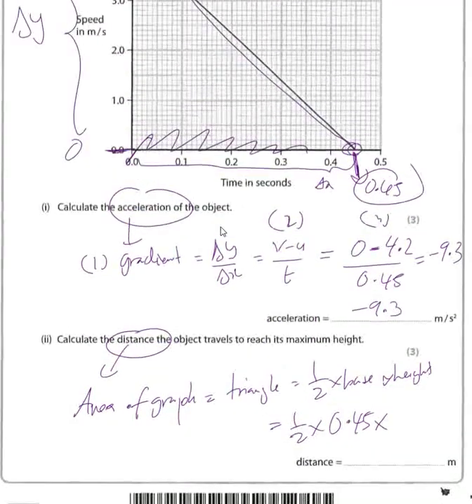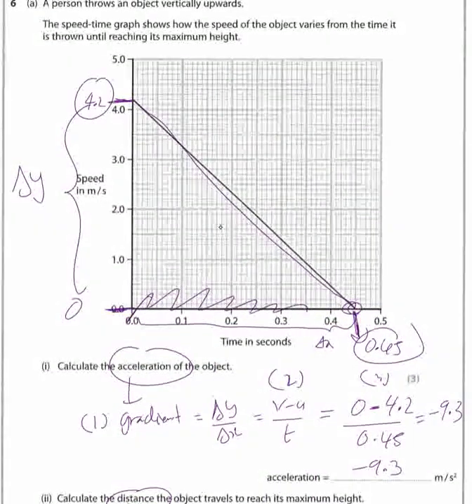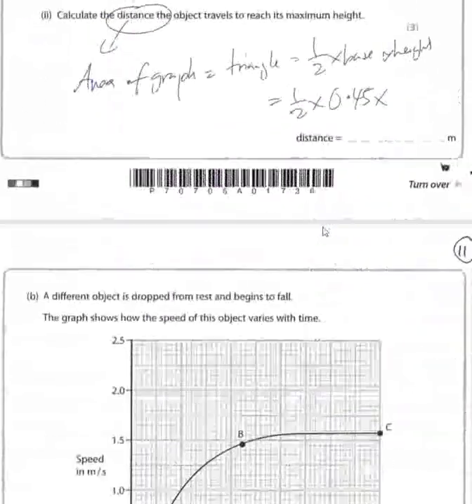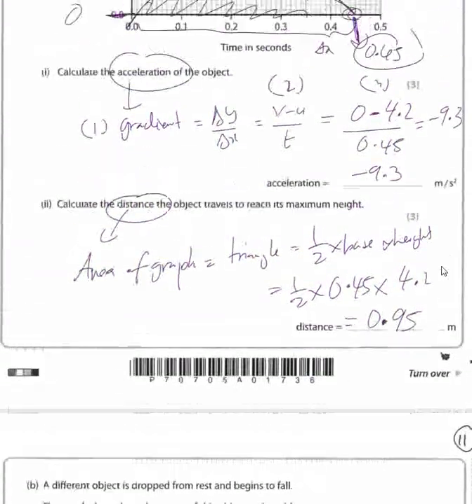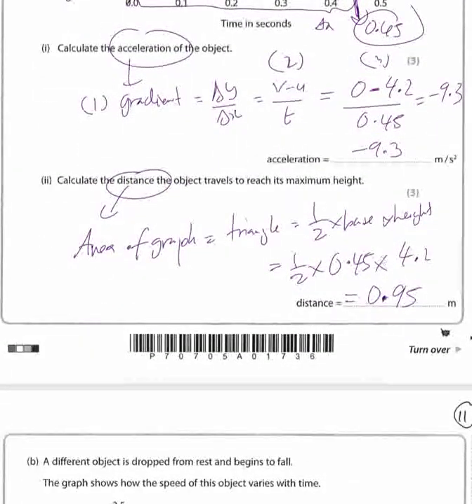We know height already. Height is, this is the height. So 4.2, therefore we get an answer of 0.95 meters. Okay, that's where people forgot. So we forgot that's how to work out the distance from the graph, forgot the equation.